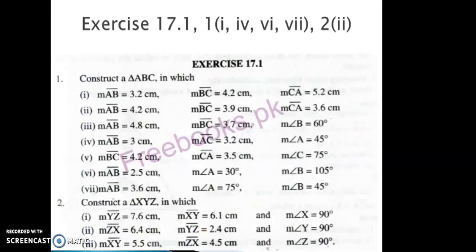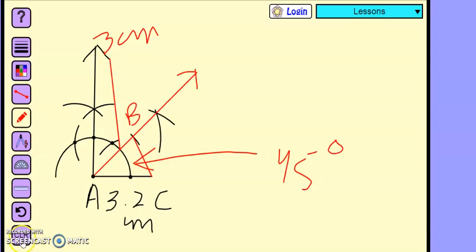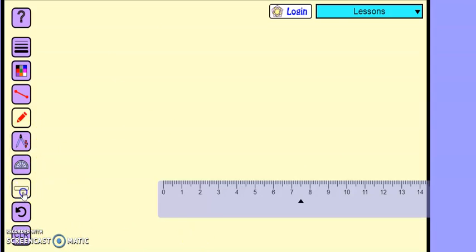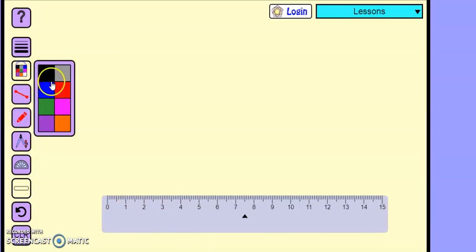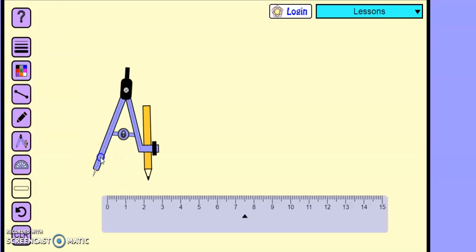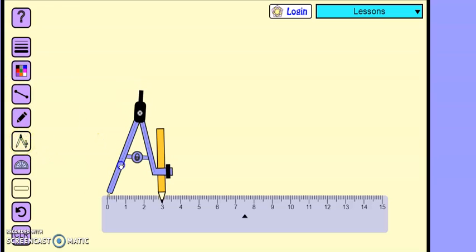Question number 2 is about constructing a triangle XYZ in which, part number 2, ZX is equal to 6.4 centimeter, YZ is 2.4 centimeter, and angle Y is 90 degree. So again we are going to construct our angle. So first of all, I am going to construct YZ, that is of measure 2.4 centimeter, by placing your compass needle starting from 0.